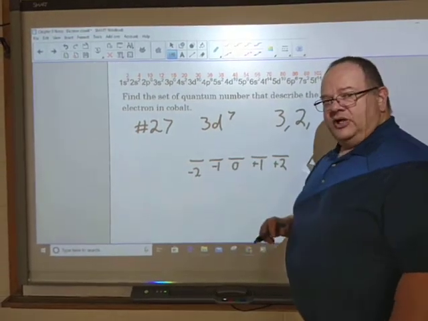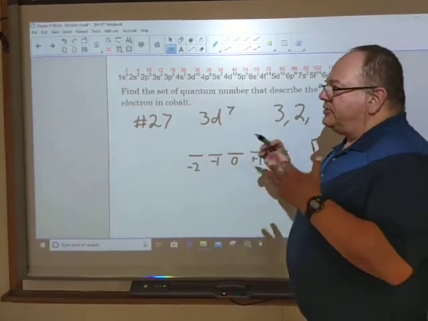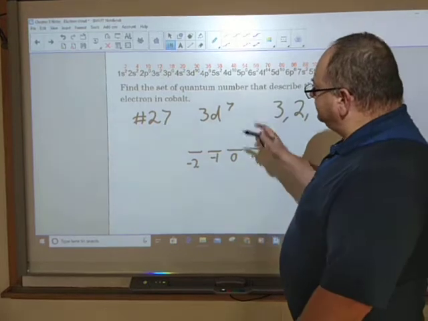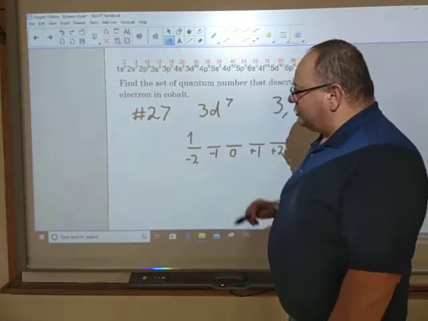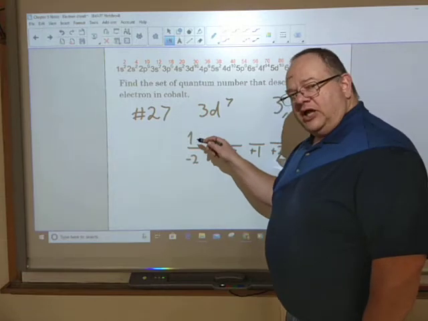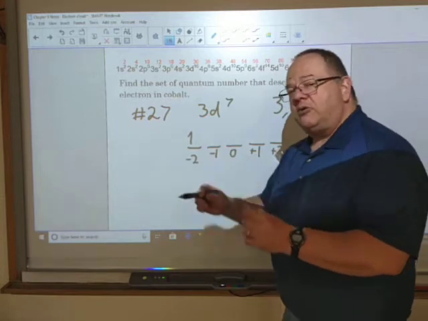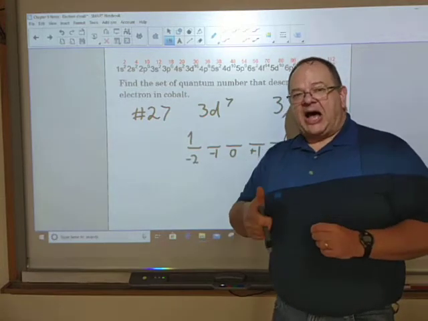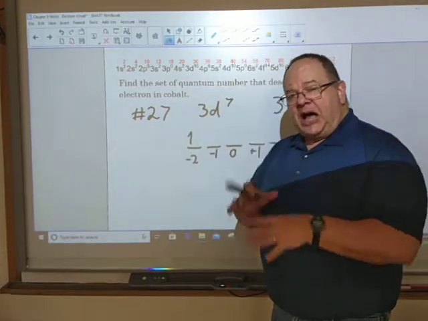Now, 7 electrons. And electrons are going to be represented by arrows. So, I do an up arrow to represent the first electron. Now, that's the first electron in the orbital. So if that was the electron I'm talking about, that electron would have a spin quantum number of positive 1/2. The first electron always is a positive 1/2.